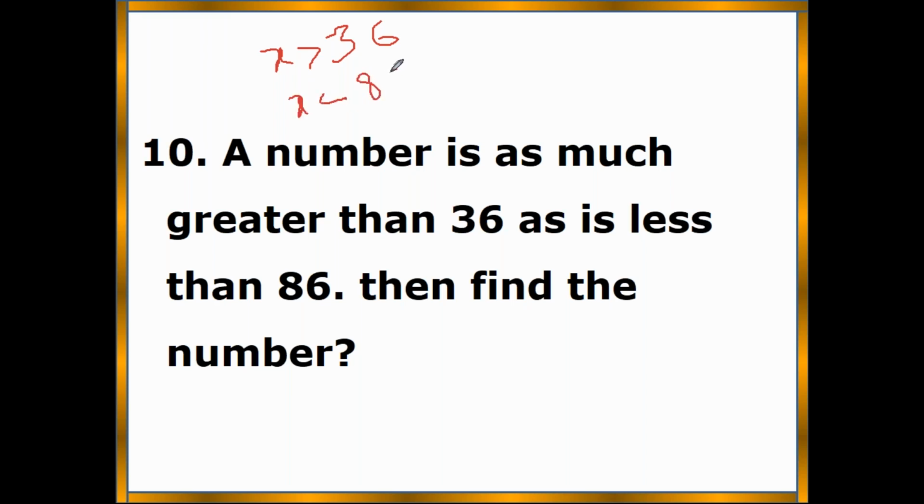So the number is how much more than 36? 37 possible, 38, 39, 40, 41, 42. The same number is less than 86, means 85, 84, 83, 82, 81, 80, 79. Which one is correct? We don't know. That is the reason they mentioned it clearly.